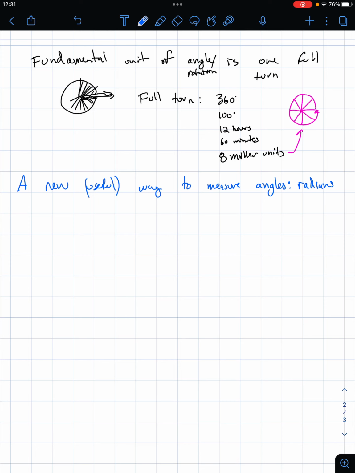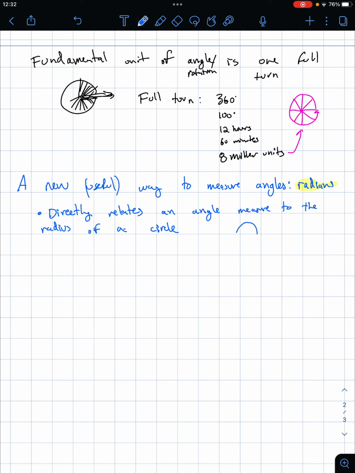You might get this clue from the word radian, right? It directly relates an angle measure to the radius of a circle.